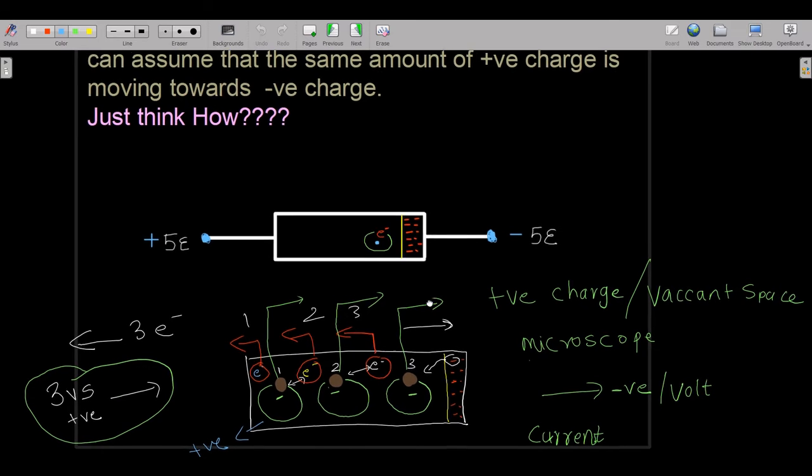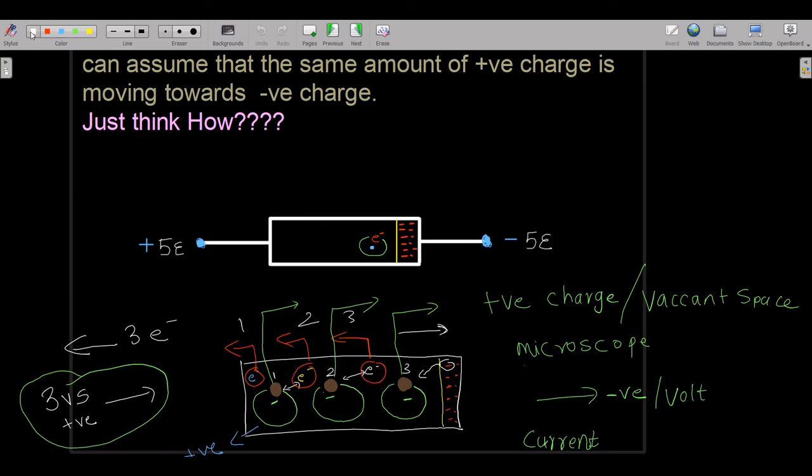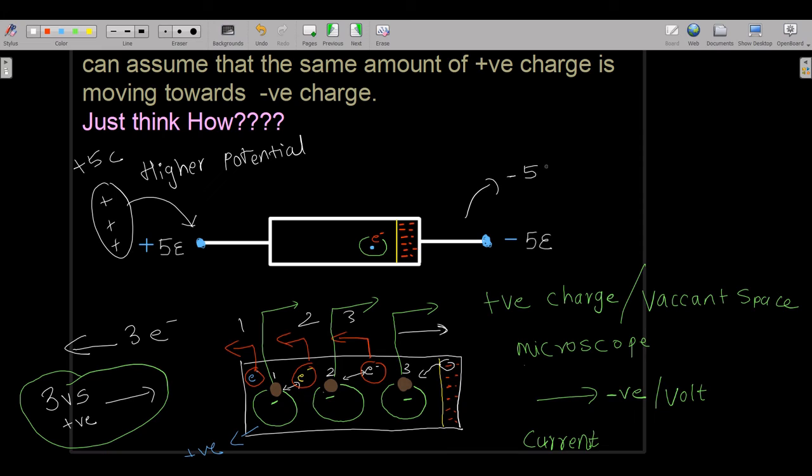In this page we have positive charges, plus plus plus. That means this particular terminal has higher potential. Why? Because it has plus 5 amount of charge, and here it has minus 5 amount of charge. So I can say it is at lower potential.